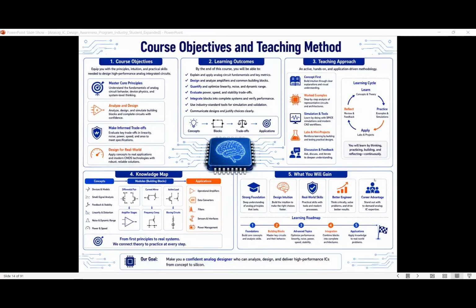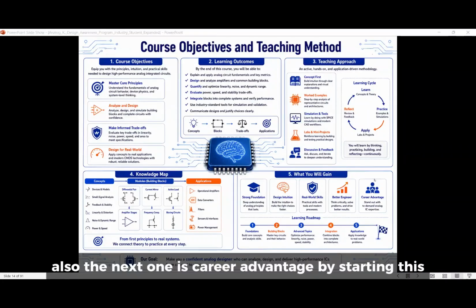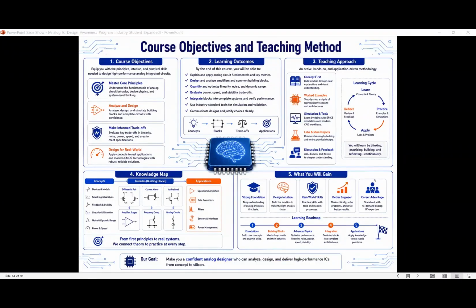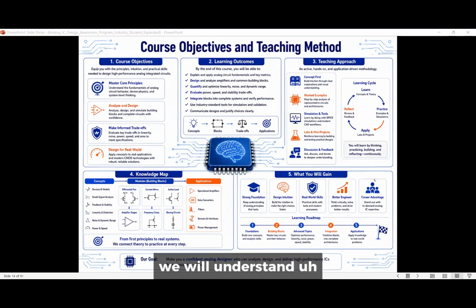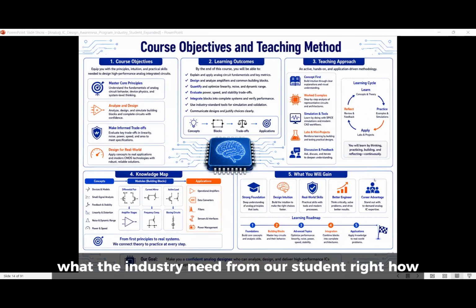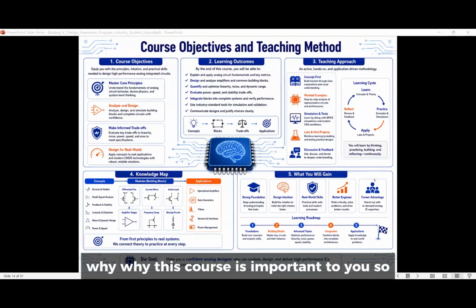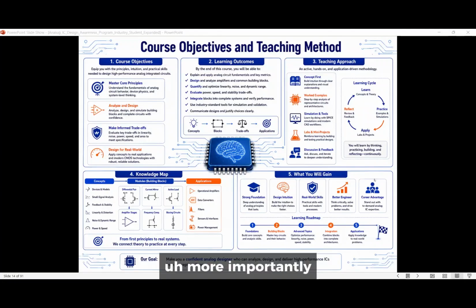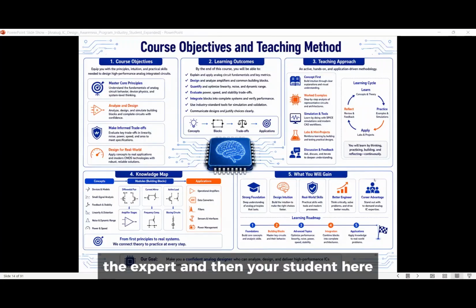Also, the next one is career advantage. By studying this course, we will understand what the industry needs from our students, right? Why this course is important to you. More importantly, I think we can mimic a real interview situation, for example, I can become the expert and you are the student here.